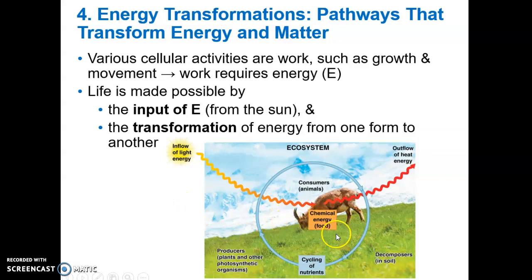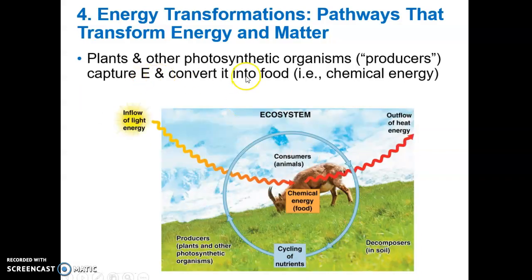So for a consumer, it's from the chemical energy in food into cellular energy. We'll talk about something called ATP later on. Okay? Plants and other photosynthetic organisms, the producers, capture sunlight energy and convert it into their chemical molecular energy that they again consume themselves. They feed themselves, which is pretty amazing. Okay, we'll continue in the next section.